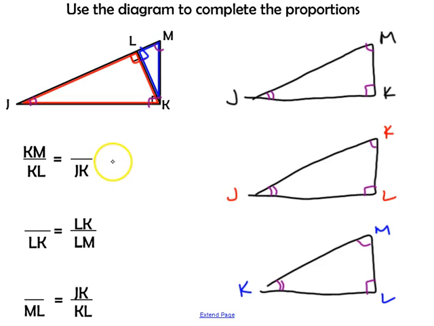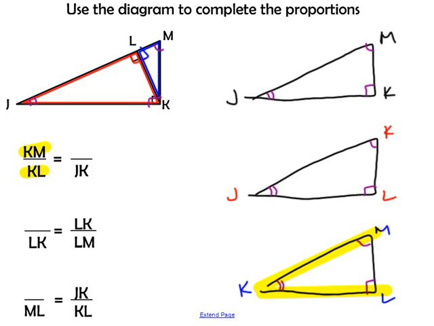Now let's go ahead and use the diagram to complete the proportions. So here I want you to find the triangle that has both segments KM and KL. This one has KM, but we don't have KL. This one has KL, but not KM. This is the only triangle that has segment KM and KL. So I want you to look carefully, KM and KL.